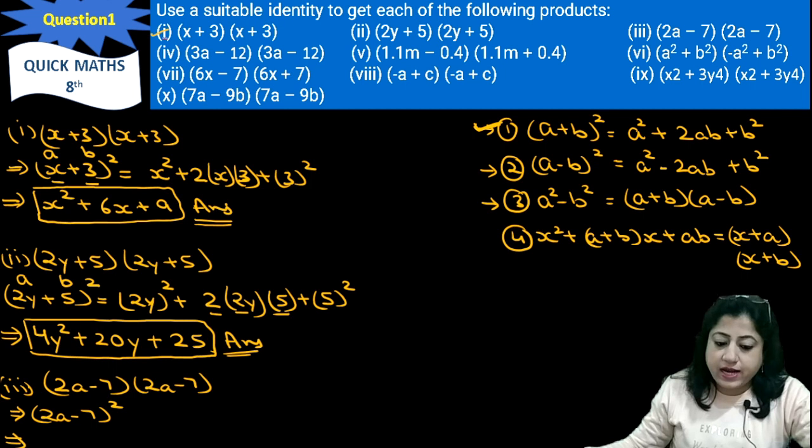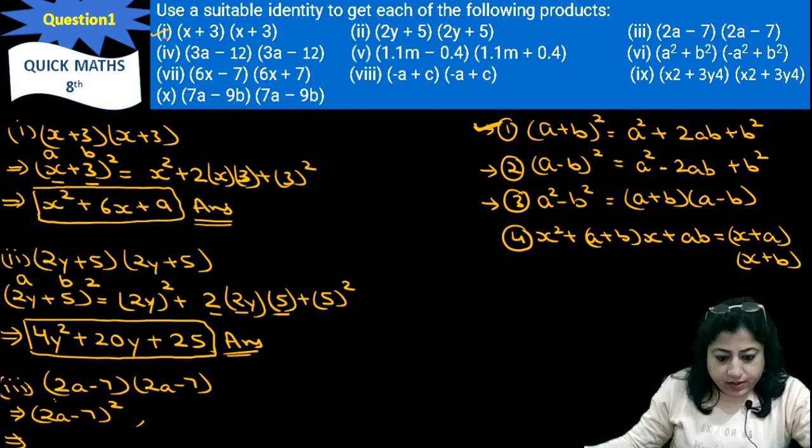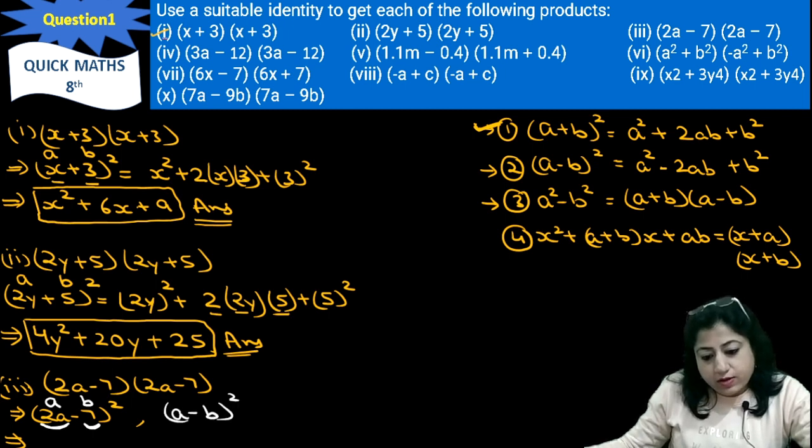Using the identity, here I am using the white pen to highlight it. This is a and this is b. Now don't get confused in this. A is the complete 2a and b is 7 only.